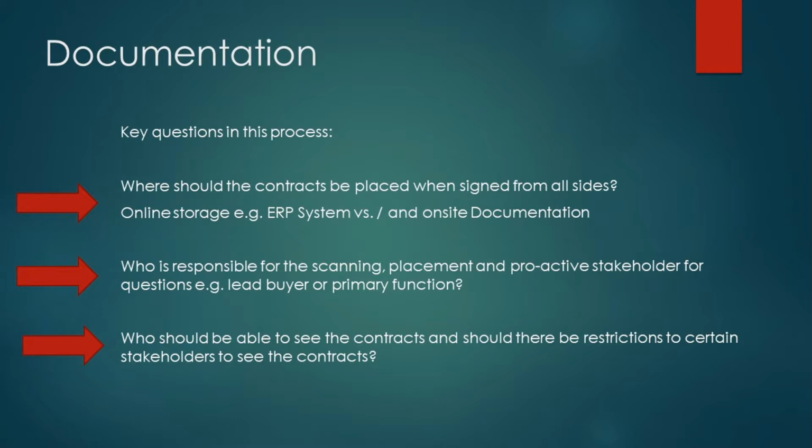Next, also, who should be able to see the contracts, or should there be restrictions on certain stakeholders to see the contracts? So I would really recommend here to see if there should be certain restrictions within the system, that certain departments should not be able to see the contract, or for example, certain stakeholders should not be using the contract.